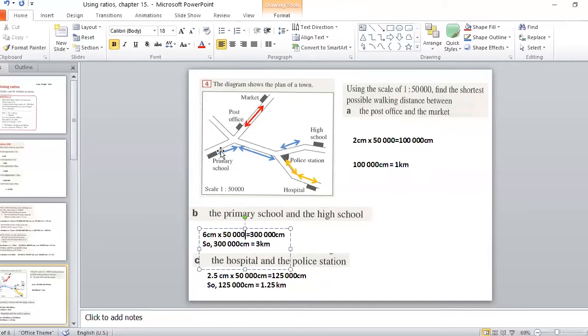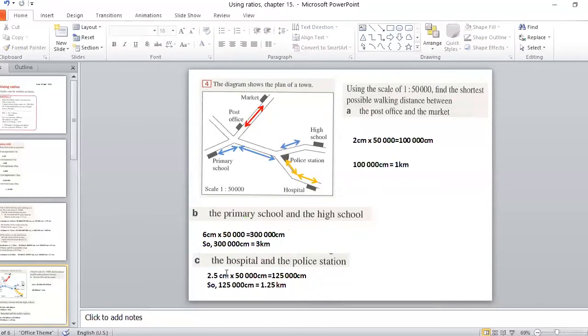Adding these segments, first this blue one, then the last one, their sum equals 6 centimeters. 6 centimeters has been multiplied by 50,000, the second number of the ratio, implying 300,000 centimeters, and 300,000 centimeters has been converted into 3 kilometers, dividing by the fifth power of 10. And we say that the distance between the primary school and the high school is actually 3 kilometers.